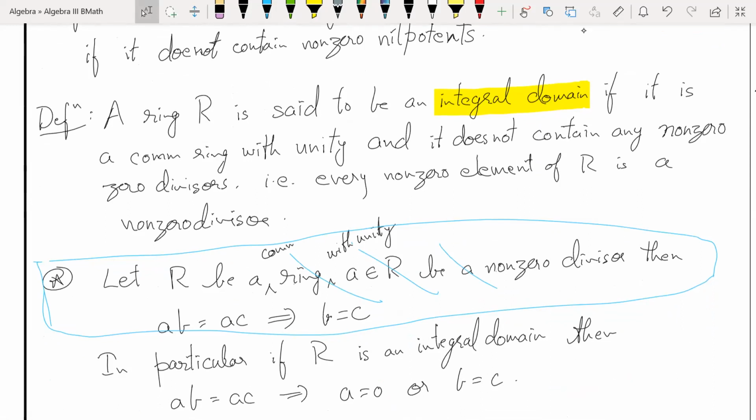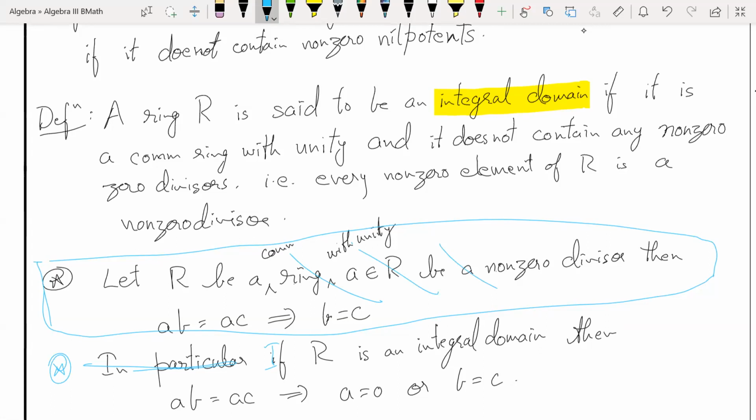So if R is an integral domain, then AB equals AC implies either A is 0 or B equals C. This is even true for A belonging to R such that A is a non-zero divisor, right?